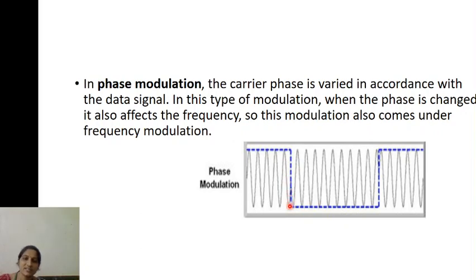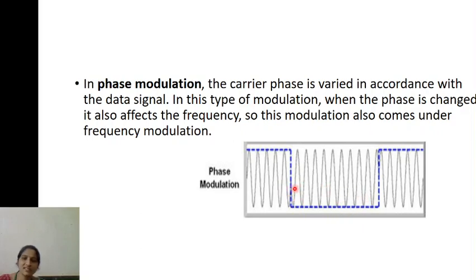Here there is a phase change, observe. This is the negative cycle. From here again it is giving a negative cycle only. Instead of going to a positive cycle, it shows a negative cycle has started again. That means the phase has changed when there is a change in the modulating signal.